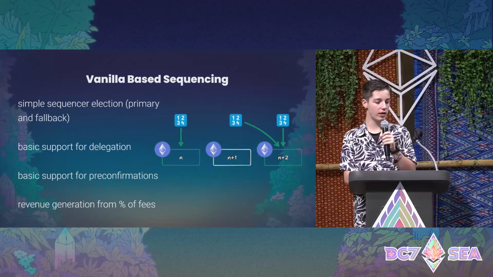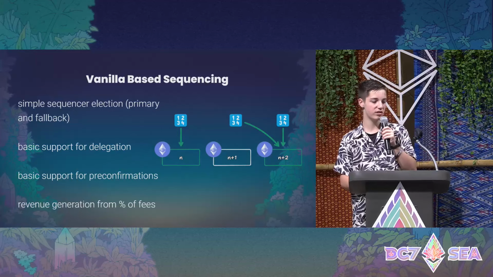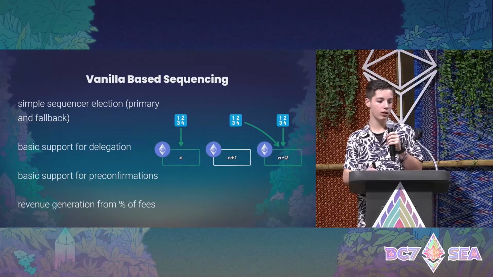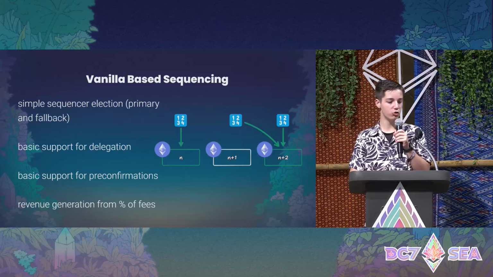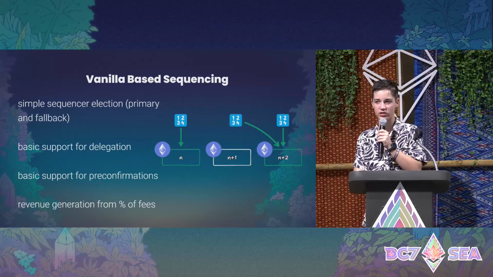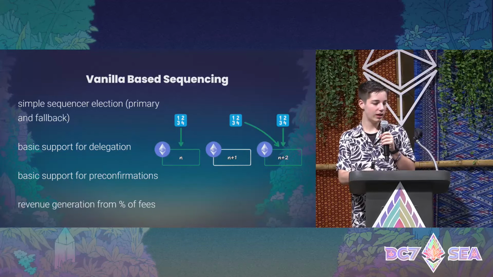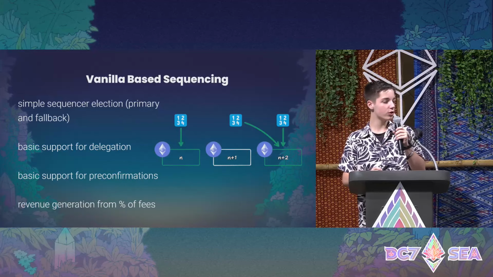Now, one design that aims to solve a few of the problems of the previous design is vanilla based sequencing. So LimeChain, George Spasov put out this excellent bit of research that explained how we can actually solve a few of the foundational problems with total anarchy based sequencing, right, the Taiko model. So the first kind of thing that we try with vanilla based sequencing is a simple sequencer election, right?